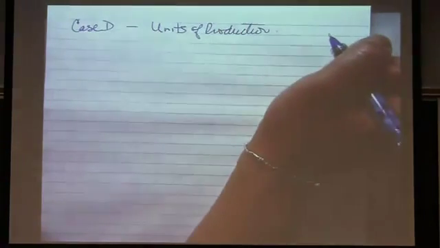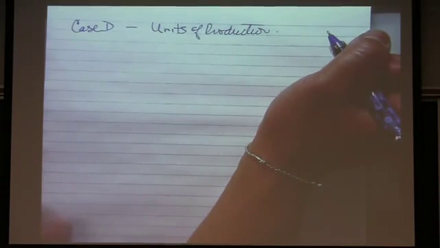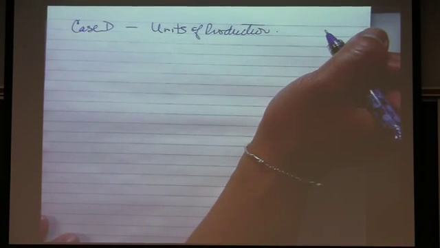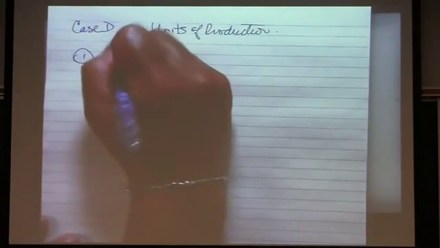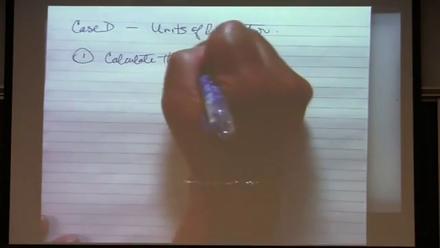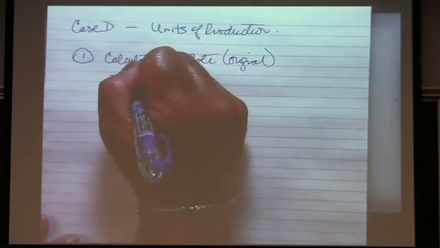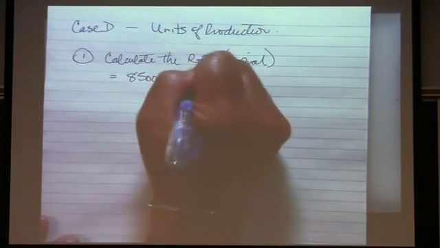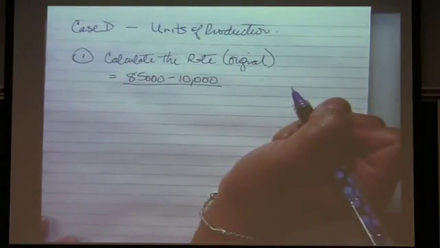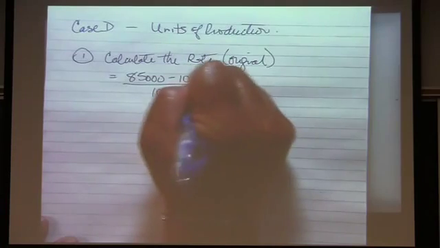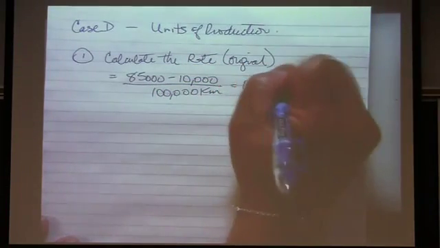We know that the units of production, so this is case D, units of production. First of all, we need to determine the rate. So step one is calculate the rate. Now this is the original rate. So we know that the original rate is 85,000 minus the original 10,000 residual value divided by 100,000 kilometers, which gives us 75 cents per kilometer.